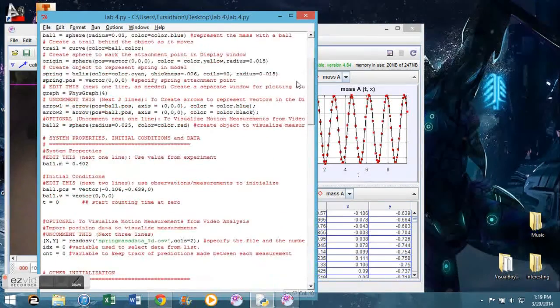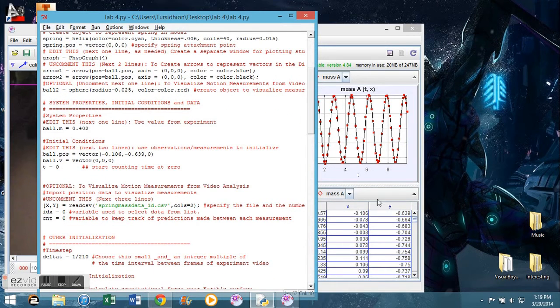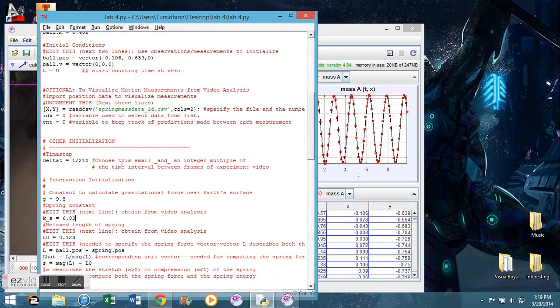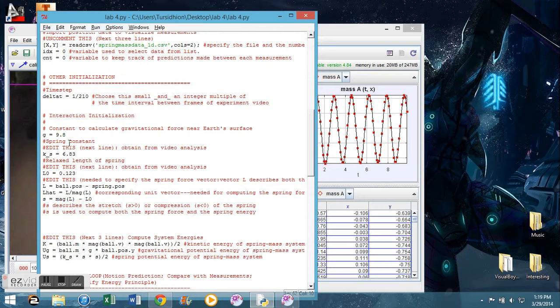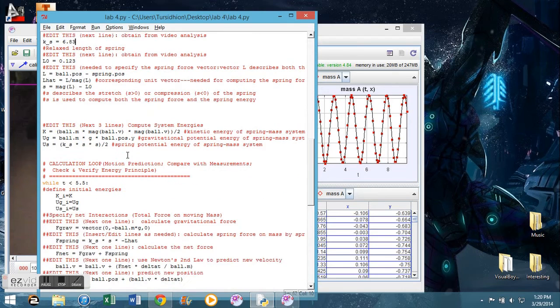We can now use these data to initialize the VPython program. We have the mass as 0.402 kilograms. We have our initial position from the Tracker program, the initial velocity, which is 0. We have our g, spring stiffness, relaxed length of the spring. We have the formulas for L, our unit vector, and s, the stretched length.